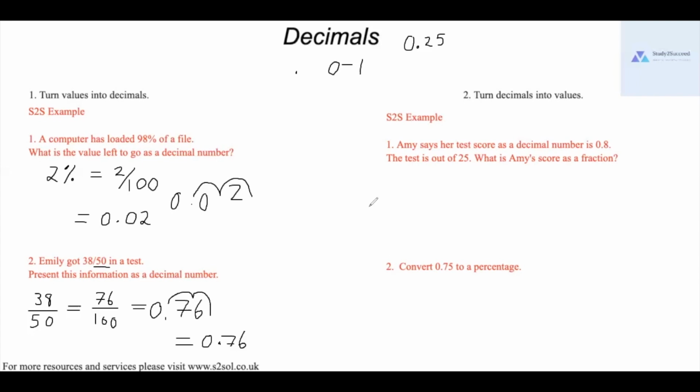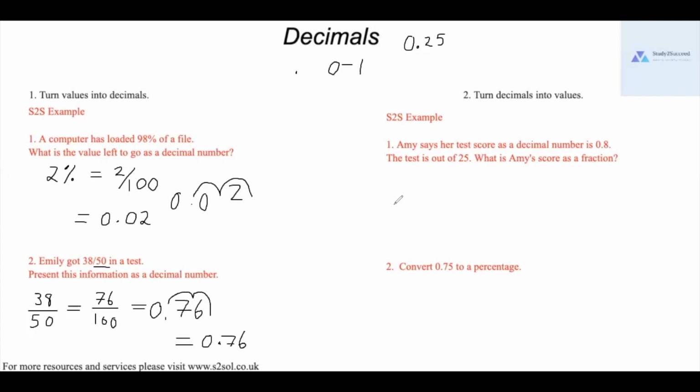And so the first example says that Amy says her test score as a decimal number is 0.8. The test is out of 25. And so what we need to do is calculate Amy's score as a fraction. So there are different ways we can go about answering this question.